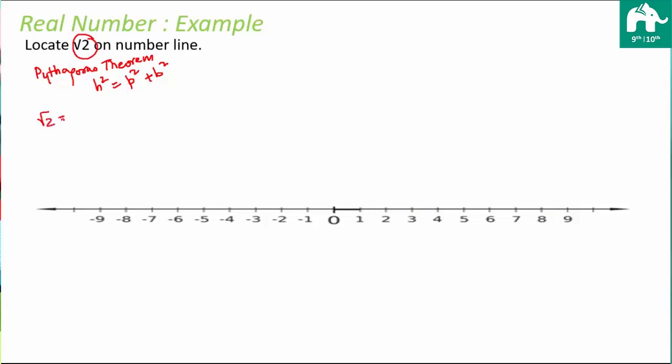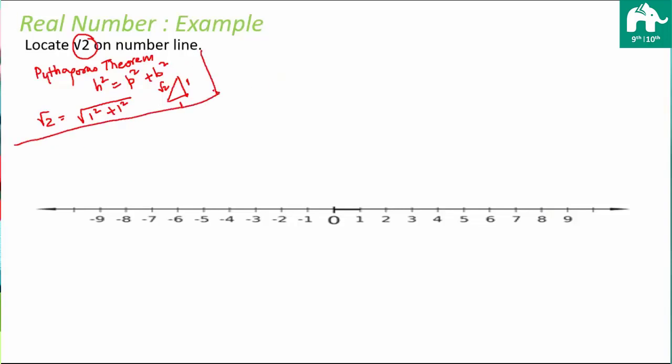If I assume that root over 2 is my hypotenuse, then we have to write it in the form of root over p square plus b square. So here we can write root over 2 as root over 1 square plus 1 square. That means if I can construct a right angle triangle such that perpendicular and base are equal to 1 unit each, then the hypotenuse will be root over 2 units. This is the main logic that we are going to use here.